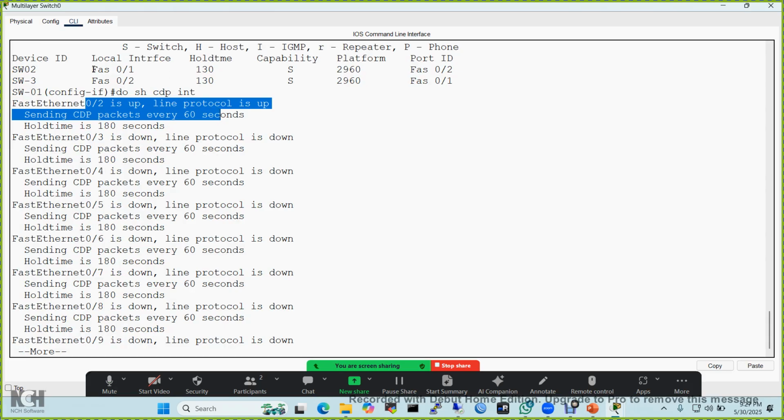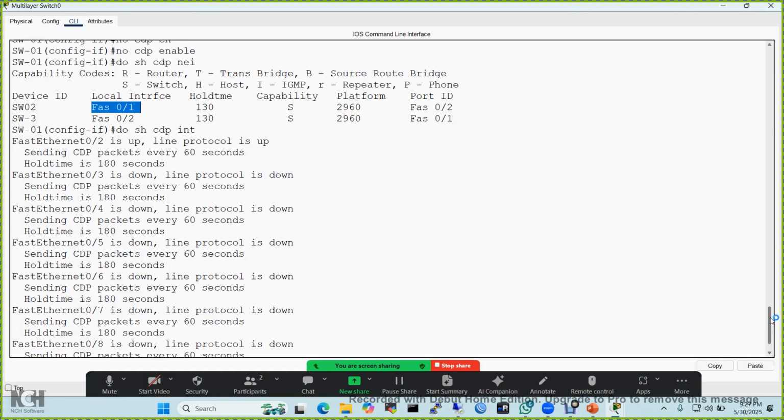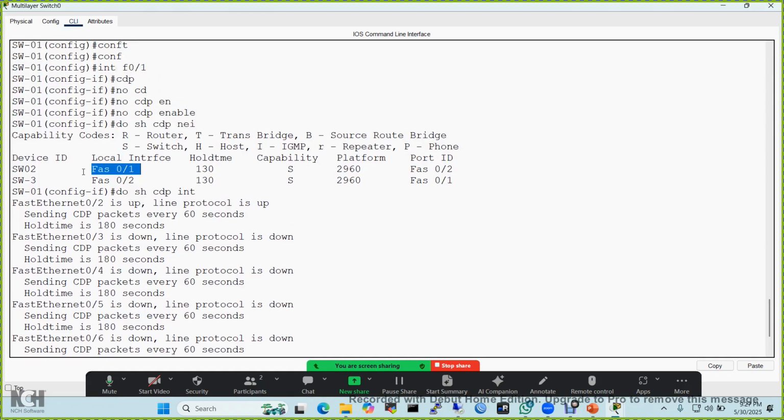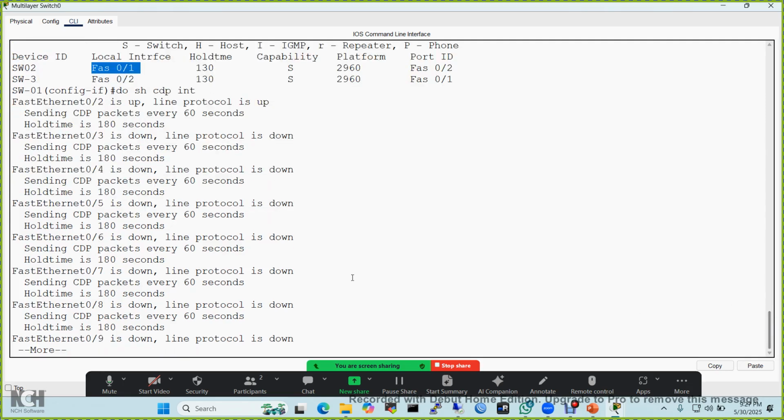We have disabled port 0/1, that's why it is not showing this port 0/1. It is disabled. Now it will update its table after this hold time. In the case of LLDP, by default CDP is enabled, and LLDP is not enabled in our switch.